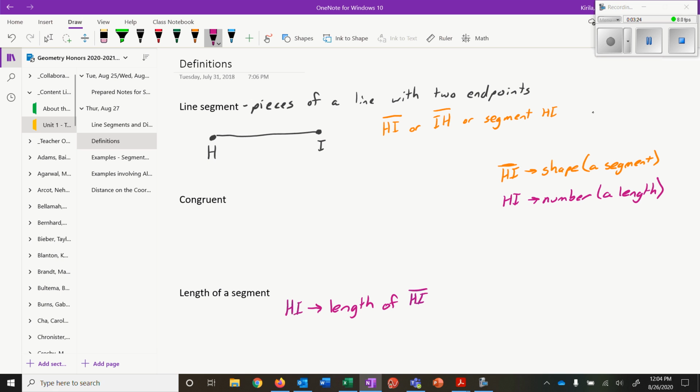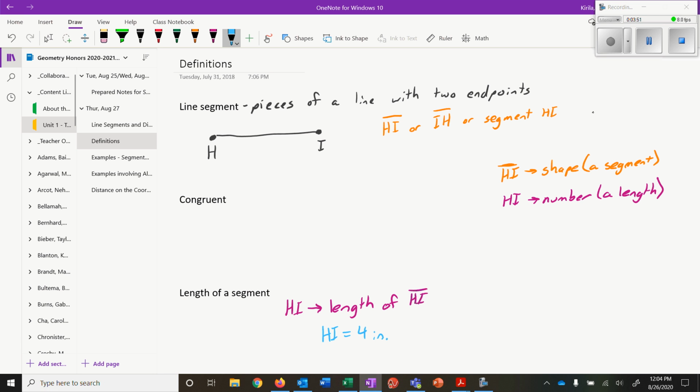I will be very strict on this because there's a huge difference between talking about a shape and talking about a number. It is not something that you can just coast on and be like, oh, yeah, you know what I mean. Like, no, there's a big difference, because I can say something like the length of HI is 4 inches.